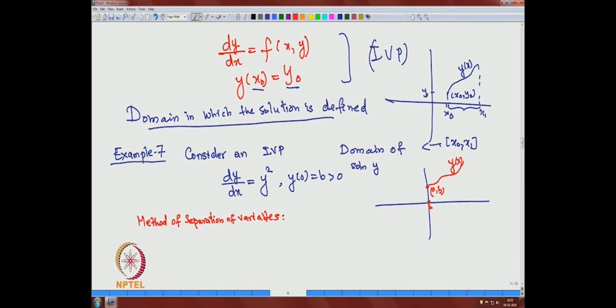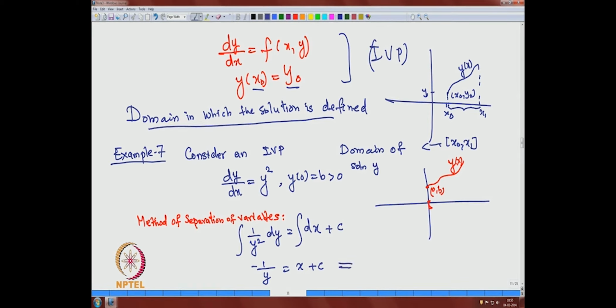So, by the method of separation of variables, separating out the variables, this is 1 by y square dy is equal to dx, and integrating, adding a constant c, and integral of 1 by y square is minus 1 by y is equal to x plus c.